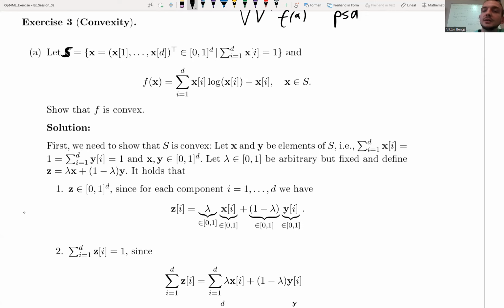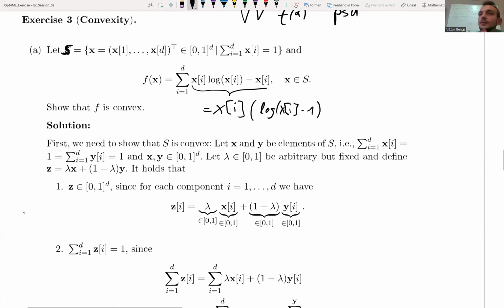We multiply the ith component with the logarithm of the ith component minus then the ith component again. Yeah? So we can also write it, if we want, in that way, if you like it more compact.